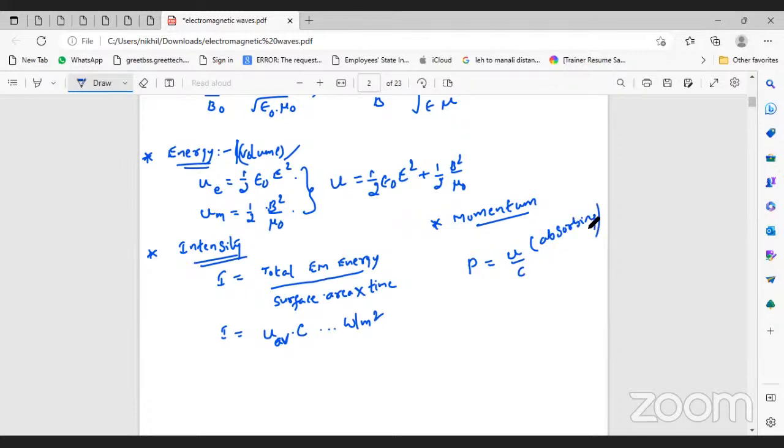Suppose it is a reflecting surface, not absorbing, then the total momentum will be 2 times U divided by C. If the surface is absorbing, then the momentum is U divided by C, where U is the energy and C is the speed of light.